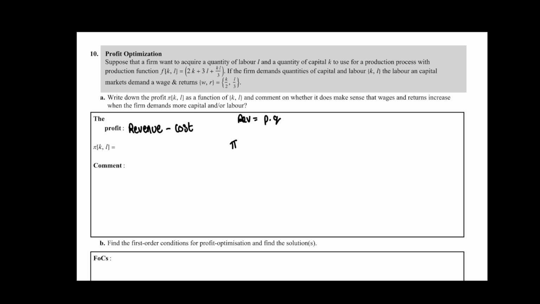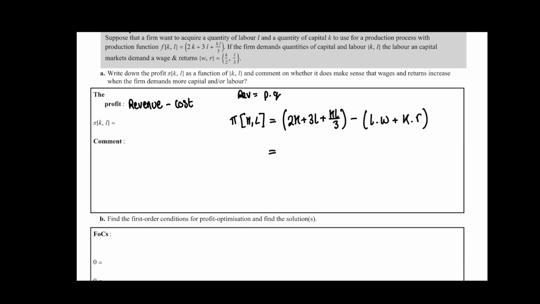So that would give us the profit equaling the production function, 2K plus 3L plus KL over 3, minus our costs. Our costs would be labour times how much we paid for labour, which would be the wages, plus the capital, plus interest repayments on capital, which we have as returns here.